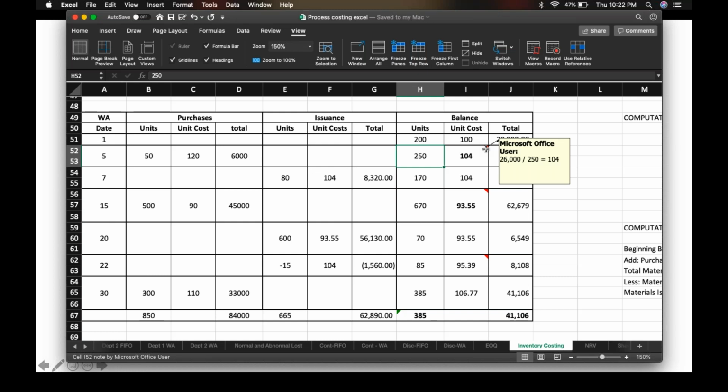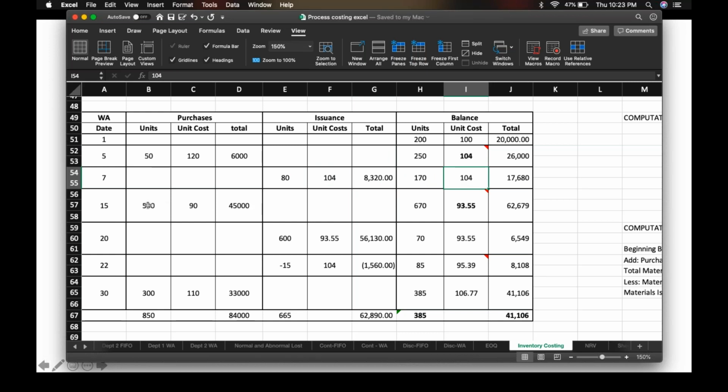Okay, so after determining the average unit cost, that average unit cost will now be used to compute for the issuance of materials to the production. So 80 units at 104, 8,320. So 250 minus 80, that's 170 at 104.